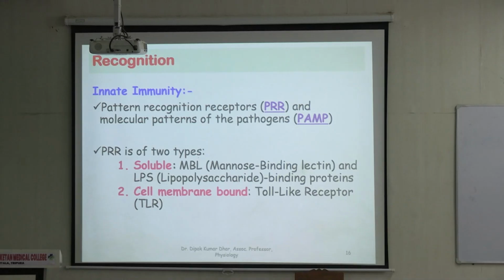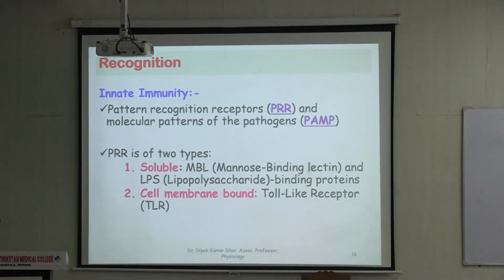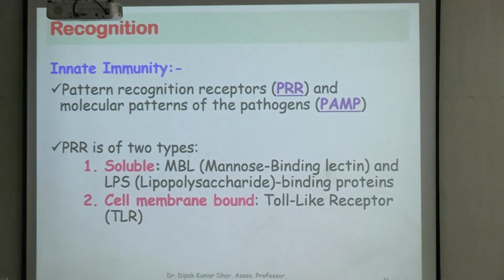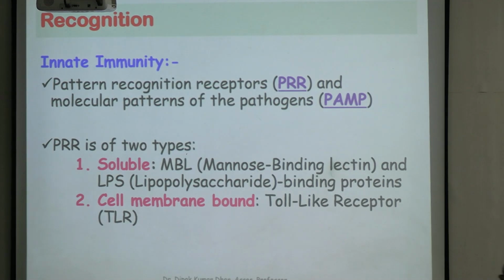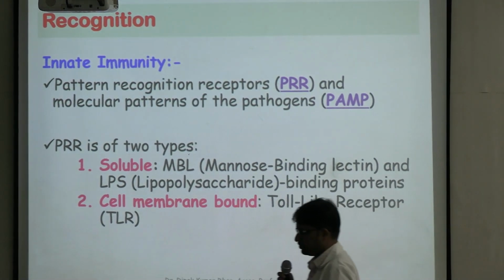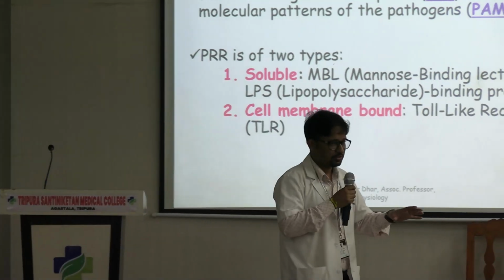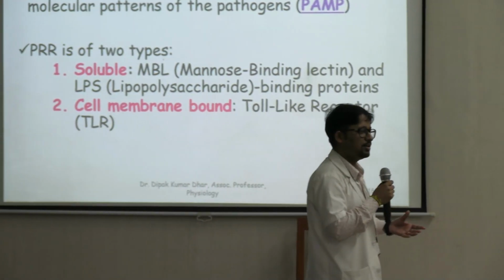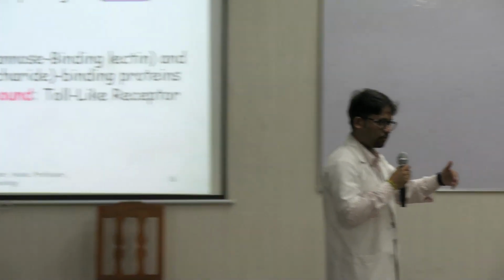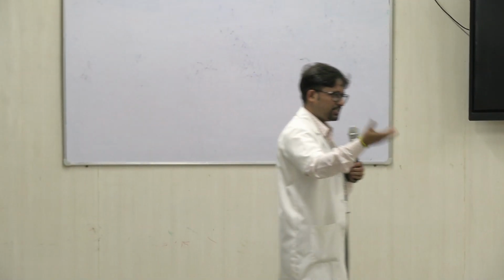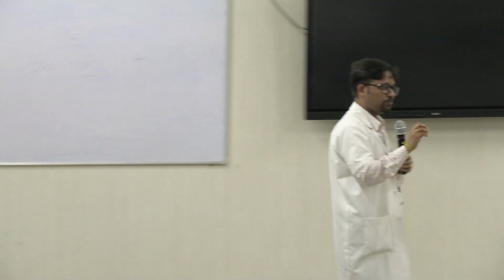Molecular patterns of pathogens are called PAMPs. So in the course of evolution, for all the prokaryotes and maybe the beginning forms of other organisms, the basic molecular patterns on their cell membrane or cell wall are constant across species. There are species to species variations, but some patterns are very constant.